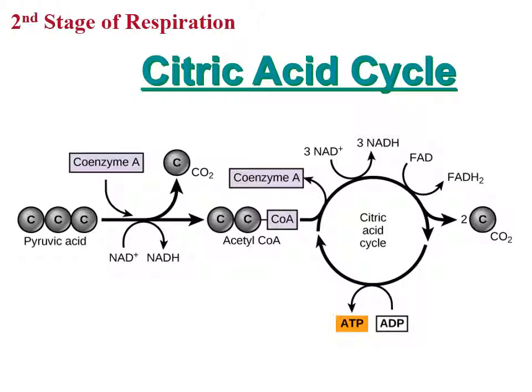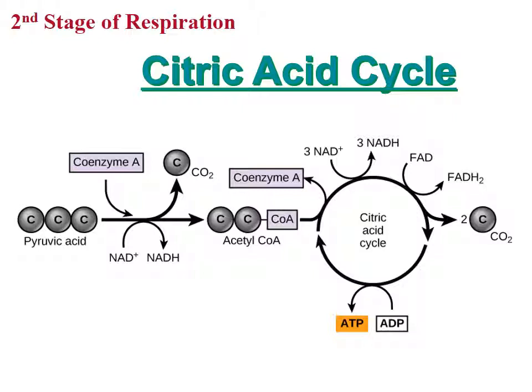And actually, the citric acid cycle produces 2 ATP, just like the net of glycolysis. The whole point of the citric acid cycle is generating these electron carrier molecules, the FADH2 and the NADH.